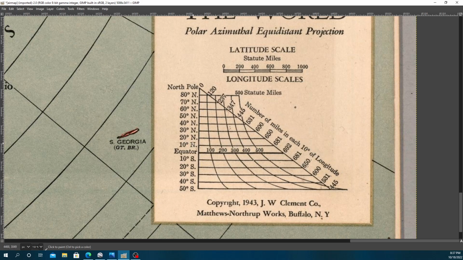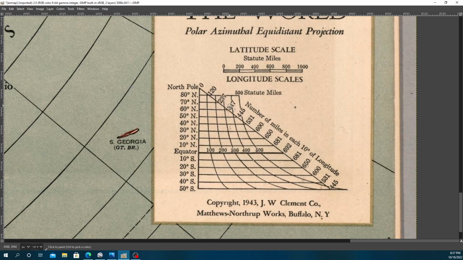Now that's on each of these lines of latitude. So here at the equator, 10 degrees of longitude is equal to 692 miles. Up here at 80 degrees north, it's 120 miles for 10 degrees of longitude. These are statute miles. So you see that gets larger as you get towards the equator here.